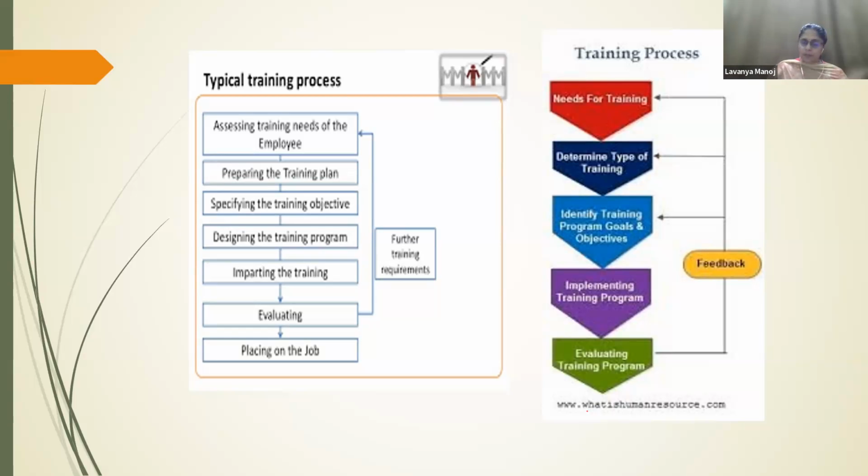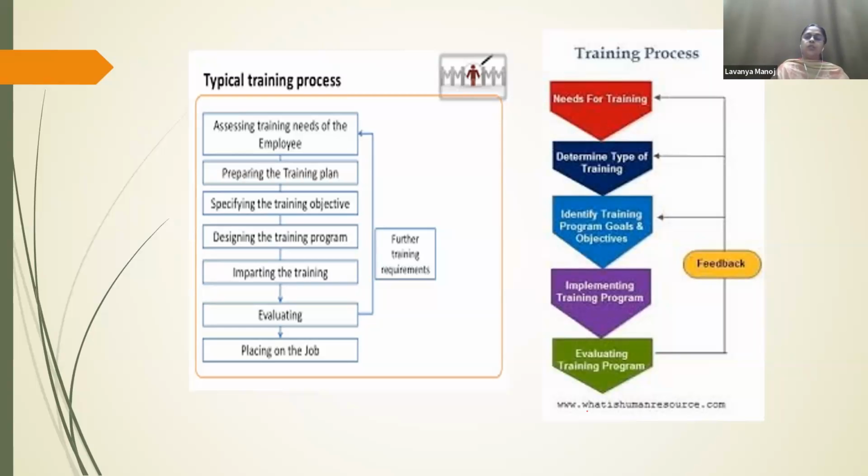So the complete plan should be ready, implementing the training program should be started, and finally evaluating the training program. Once a worker learns everything and applies those techniques and skill sets in his or her job, there should be a proper evaluation, to see whether everything is going well.